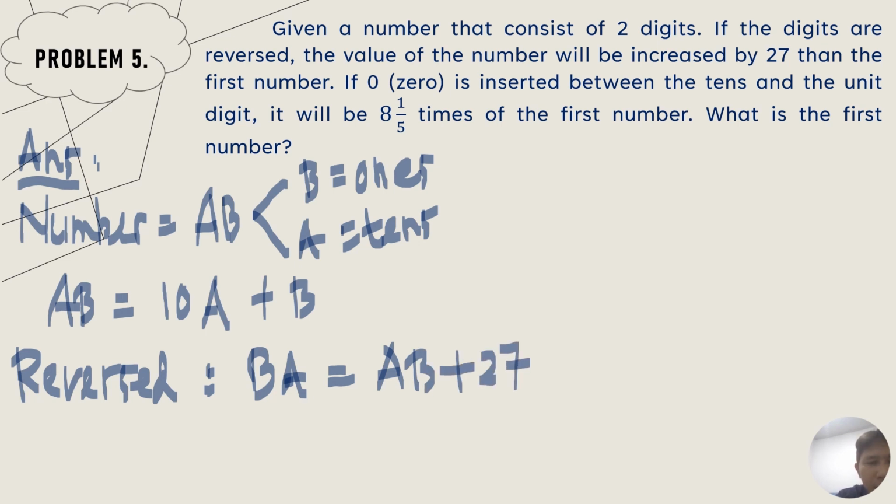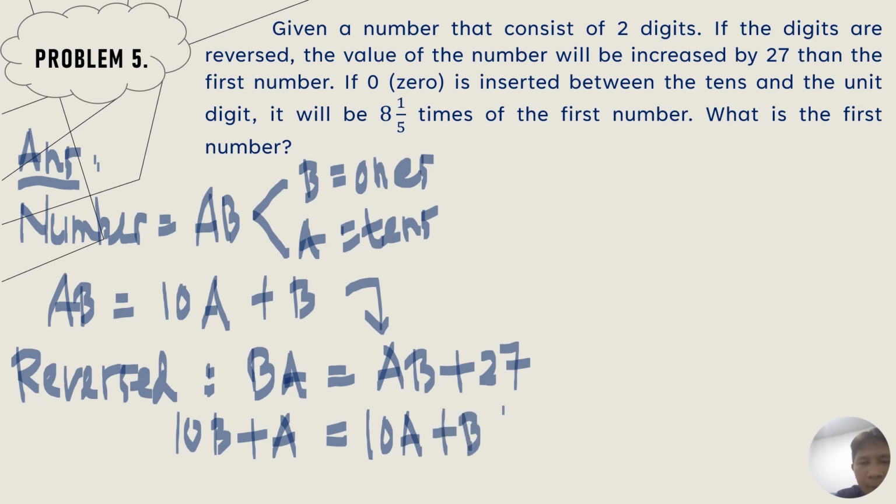BA means 10 times B plus A. We can enter into this variable, so 10B plus A equals 10A plus B plus 27.